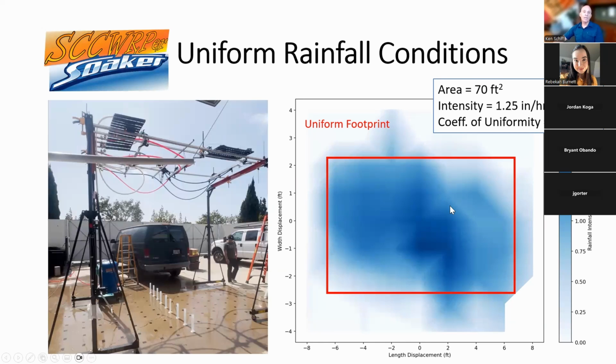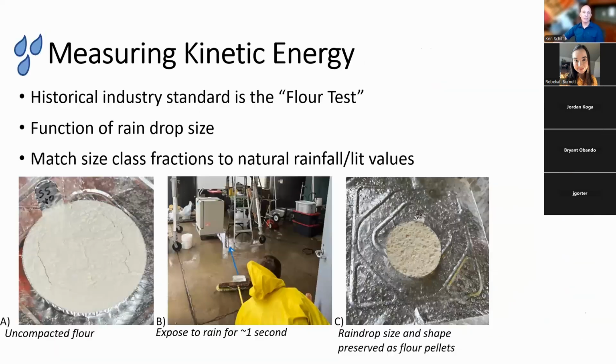But that's what we wanted because we wanted to generate the wash off. And then the last thing is this coefficient of uniformity, which comes pretty close to what other folks are trying to simulate in the literature and what you might find just in natural rainfall. So uniformity, is it even across the surface? The answer is yes. Check.